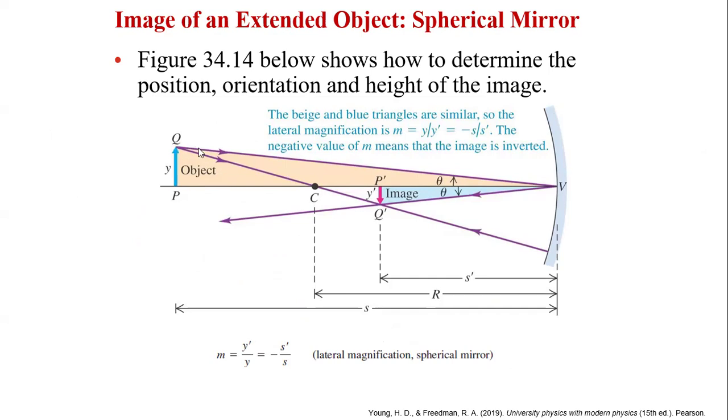You have a ray passing through the vertex, which is reflected here, and you have a ray also passing through the center of curvature, reflected back. The image is now located at point Q with a height y prime.